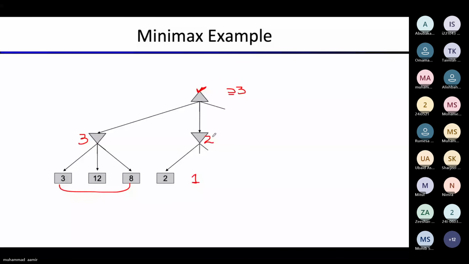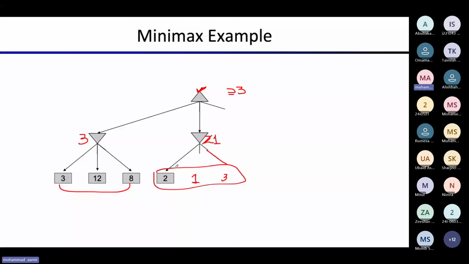Agreed? Because min has to take the minimum value. Or if this next state has the value, let's say 3, this 1 will not be overwritten by 3 because min has to take the minimum value out of all these 3 values.